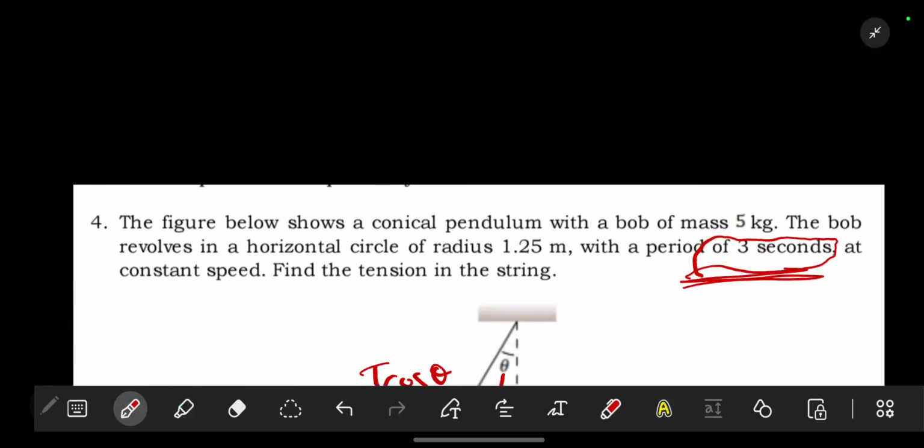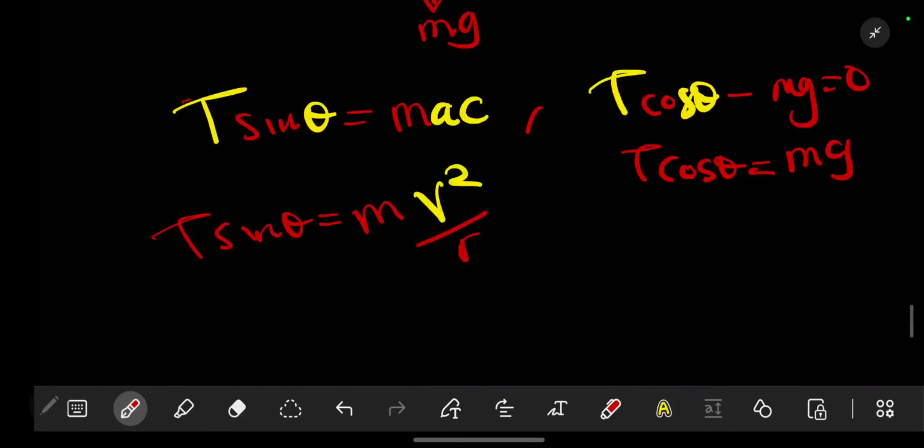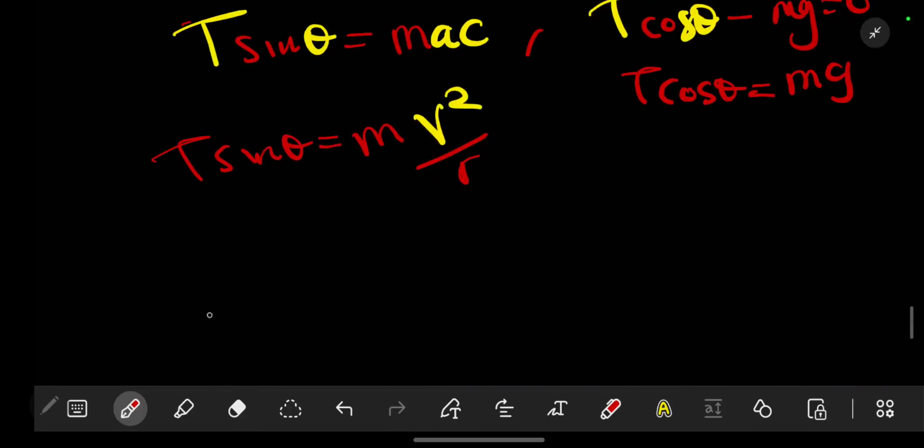It means there is a way to move from the period to find the displacement. So provided with a period, if you recall that formula that we introduced at first, we said that the velocity is equal to r times the angular velocity. So never forget this formula, very important.